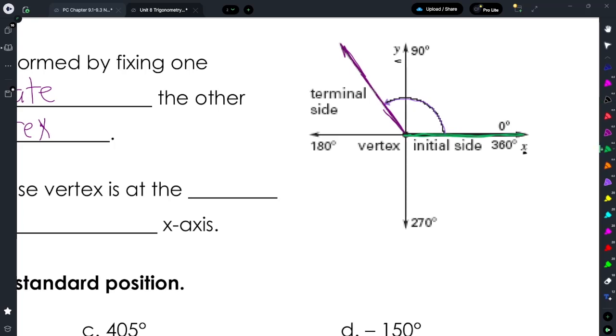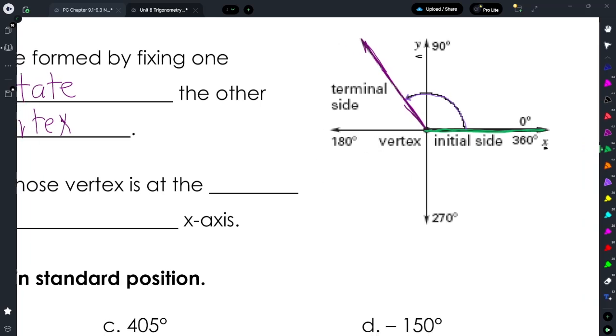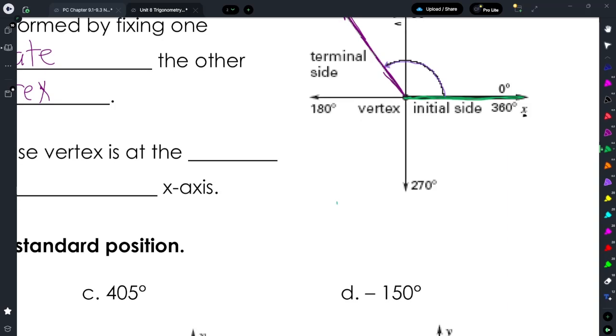Like I was saying, a positive angle, we're going to rotate counterclockwise, and a negative angle, we rotate clockwise.